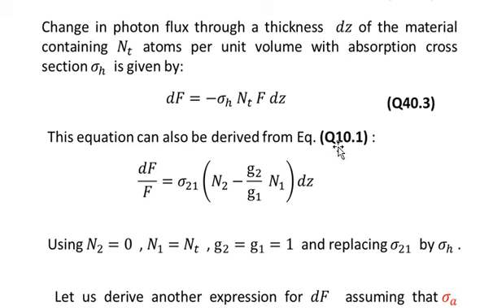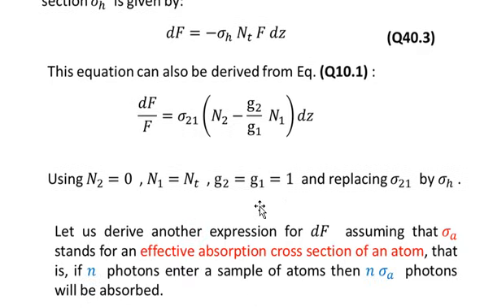This equation can also be derived from the equation given in question 10.1, which is dF over F equal to sigma 21, and within the parentheses n2 minus g2 over g1 multiplied by n1, and outside the parentheses dz. Here g2 and g1 are the degeneracies of level 2 and level 1 respectively, and sigma 21 is the cross section of the transition between level 1 and level 2.